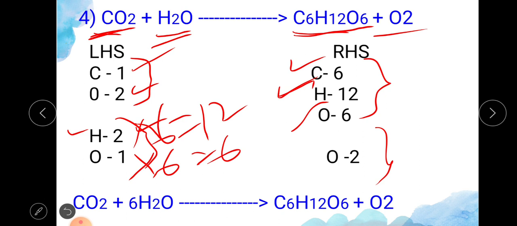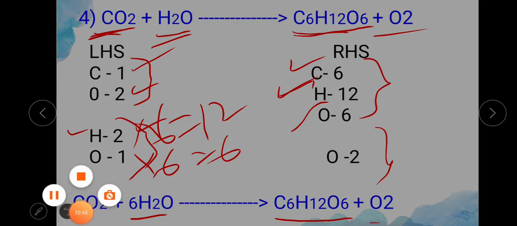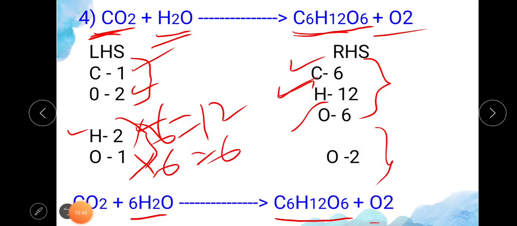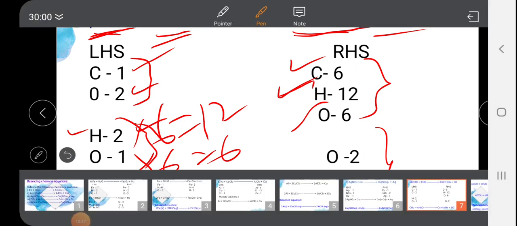Now the equation is CO2 plus 6H2O gives C6H12O6 plus O2. Oxygen also balanced because 6 oxygen plus 2 is 8.